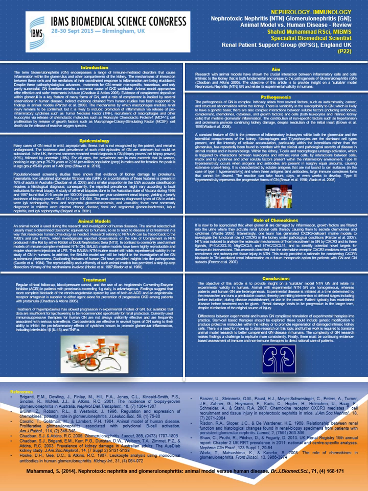So this research poster presentation looks at nephrotoxic nephritis, NTN, and glomerulonephritis, animal model versus human disease, as a sort of review of both nephrotoxic nephritis as a sort of biomarker, but also glomerulonephritis.